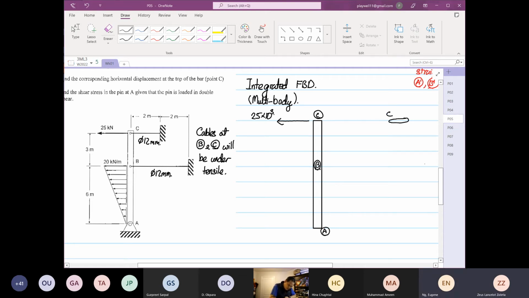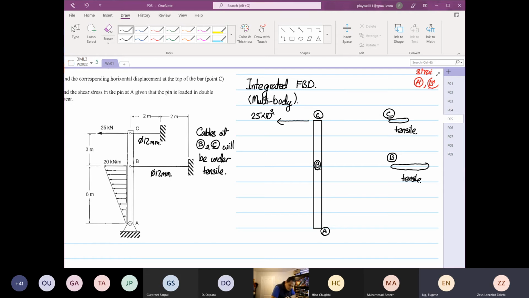And then a longer cable. This is our cable at point B. And because both of them are in tensile, right? Tensile deformation. Because it has to support the point load and the gradient distributed load.